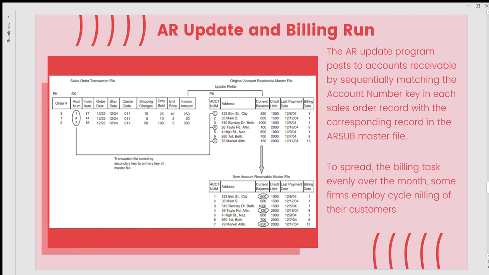So itong process na to ay gumagawa siya ng panibagong AR SVB master file that accommodates all changes sa accounts ng customer. Each sales transaction record na napoprocess ay na-add sa sales journal file. After that, isa-summarize yan, then magkakaroon na ng entry sa journal voucher file para mag-reflect yung total sales and i-increase yung accounts receivable.